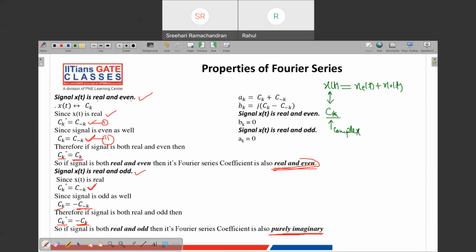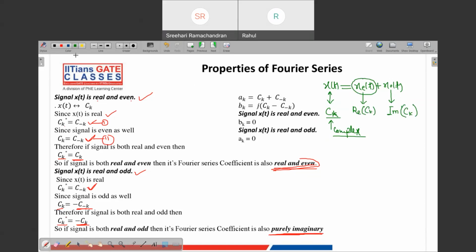You are getting a real part because it has some even portion, and you are getting an imaginary part because it has some odd portion. So the even part is responsible for the real part of C of k, and the odd part is responsible for the imaginary part of C of k.